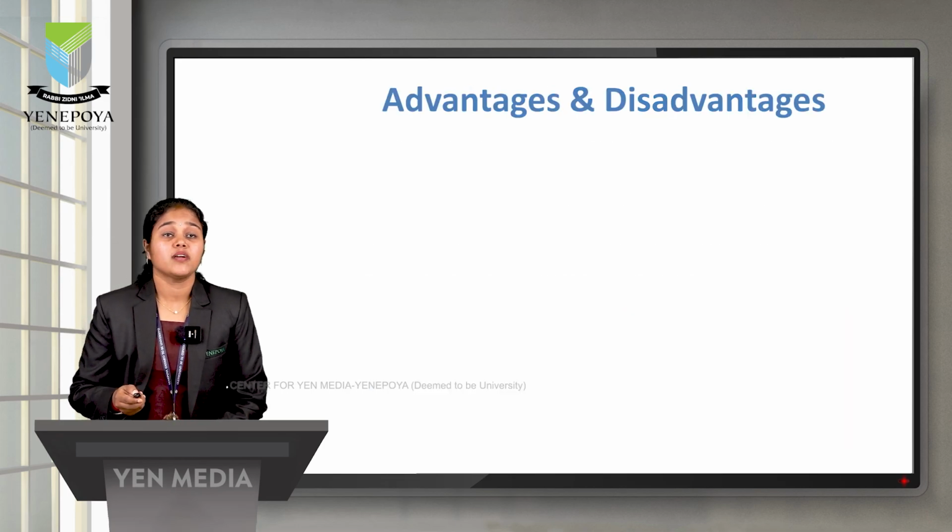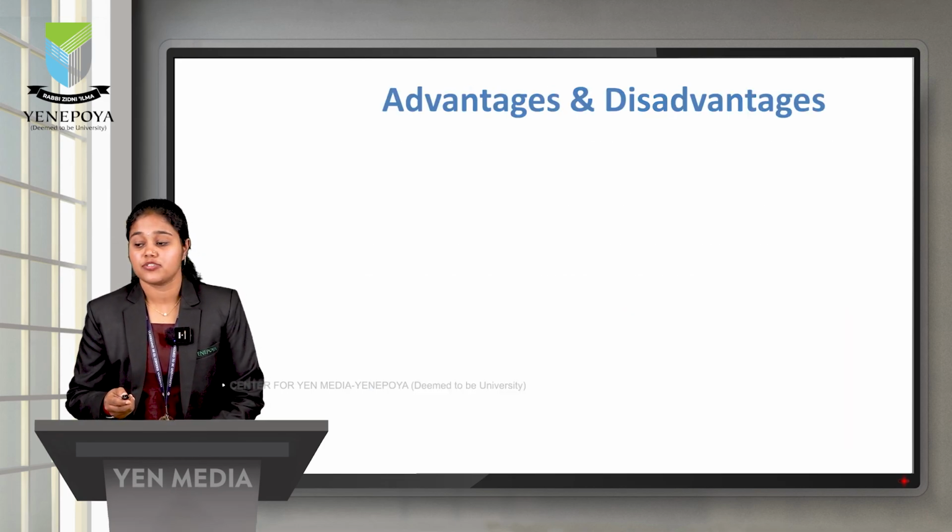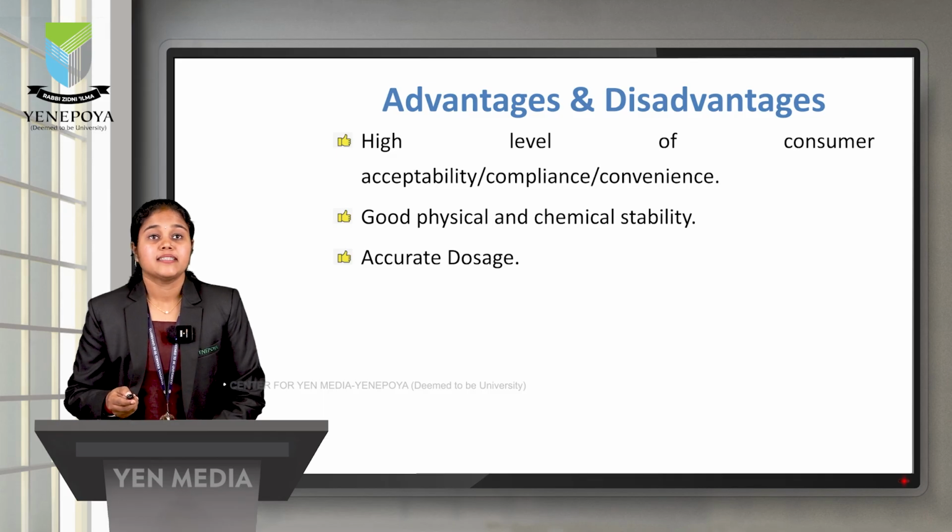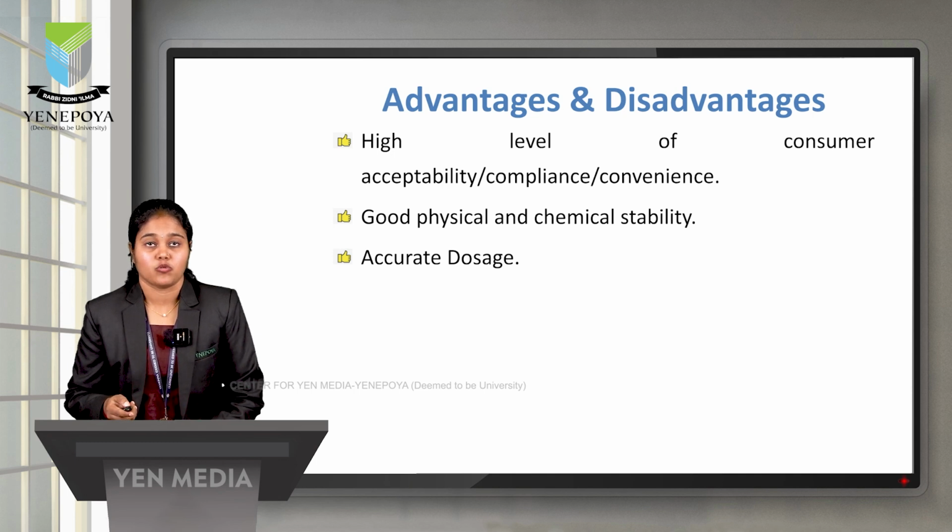Next, what are the advantages and disadvantages of this? The advantages are a high level of consumer acceptability, compliance and convenience. The patient finds the tablet convenient, so he can go for a solid dosage form. Other advantages are good physical and chemical stability and accurate dosage.